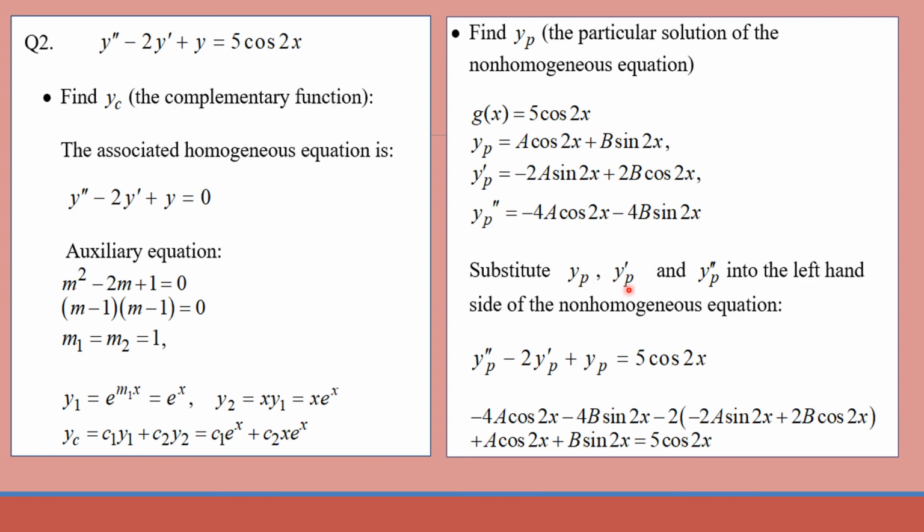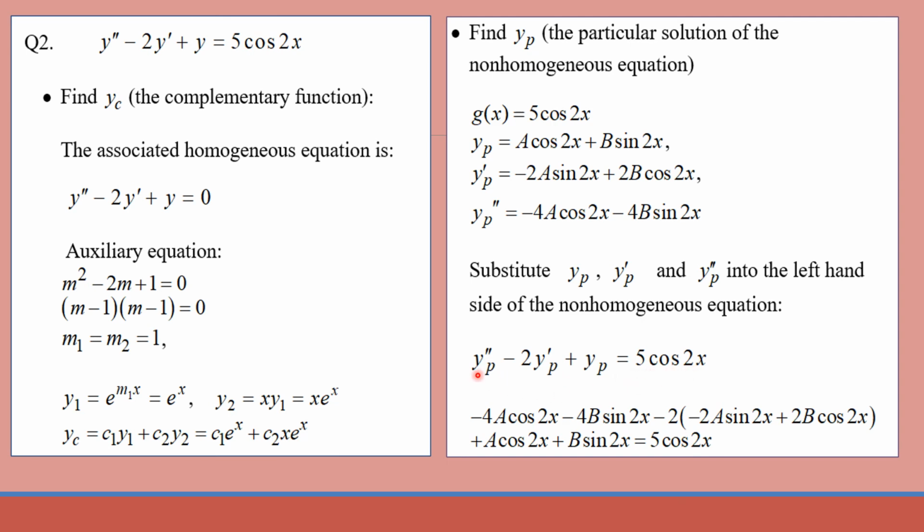Substitute yp, yp prime and yp double prime into the left hand side of the non-homogeneous equation. So this is the left hand side of the non-homogeneous equation, and you substitute yp, yp prime, yp double prime as given, equals 5 cos 2x.